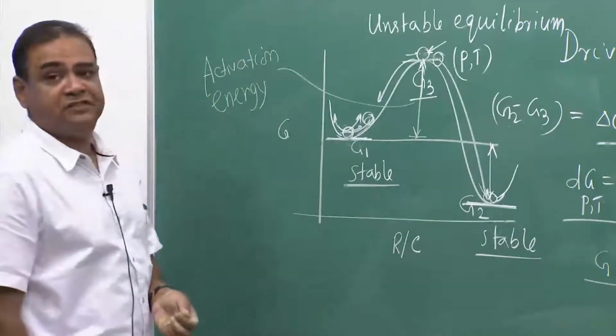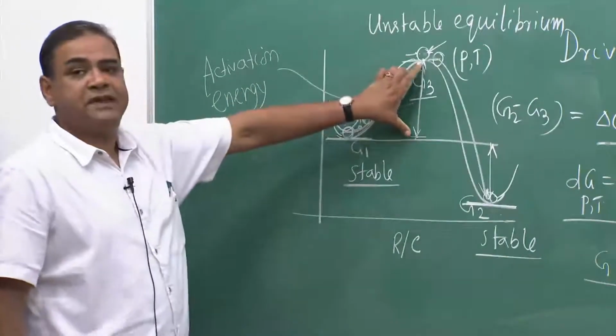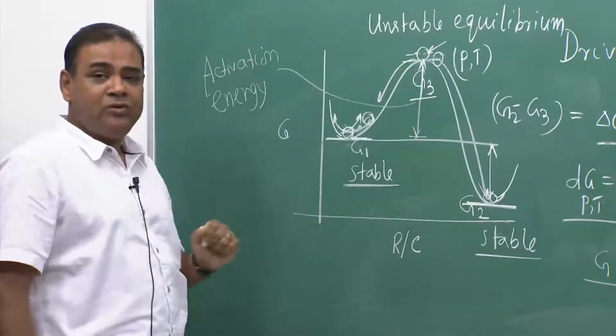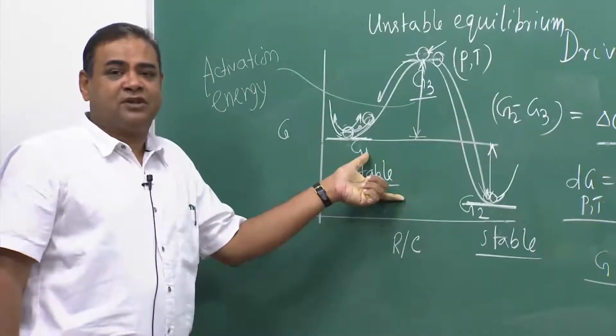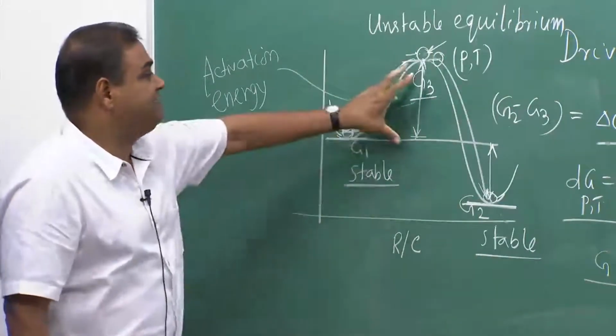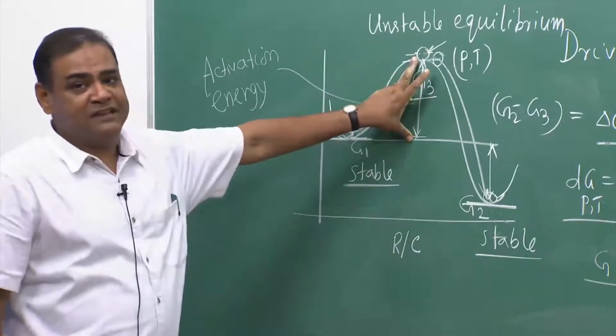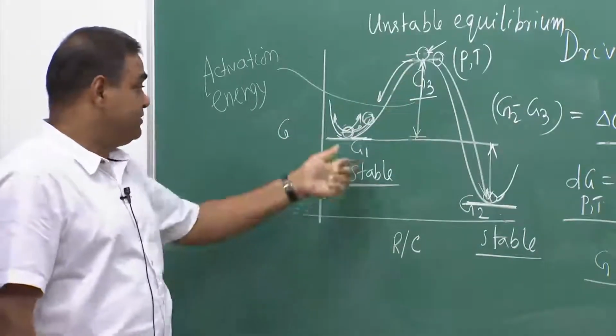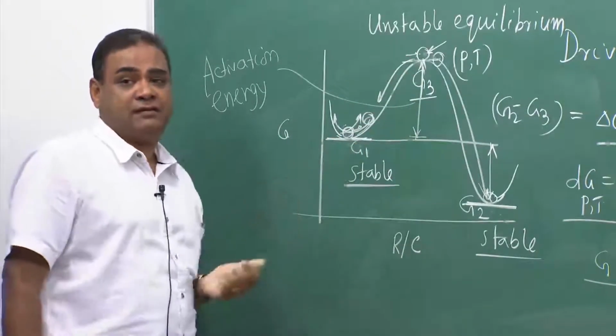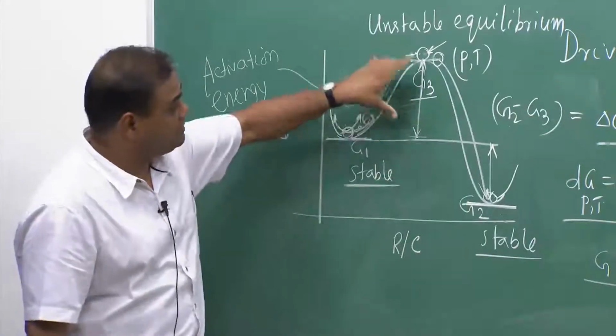This is the energy barrier, and now though we have a spontaneity, whether the process would take place or not would be decided by the value of this activation energy, the amount of activation energy this ball has to acquire in order to jump over this barrier.